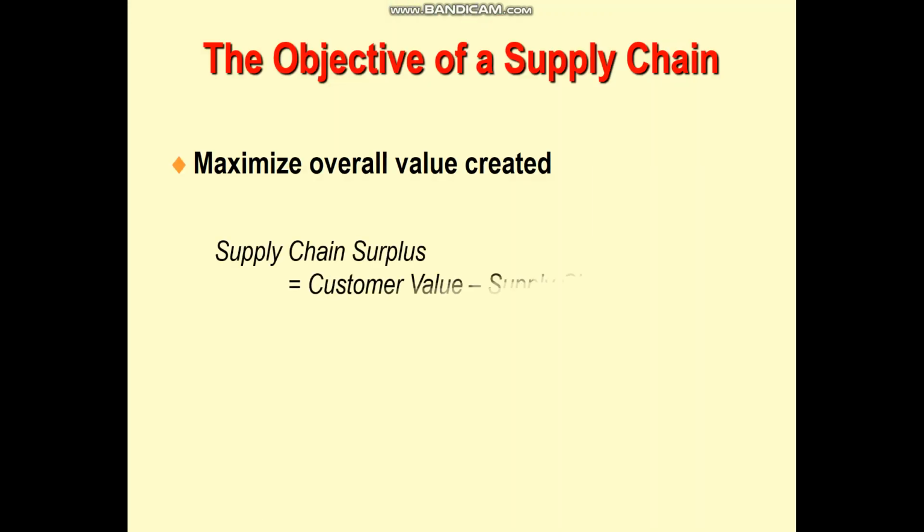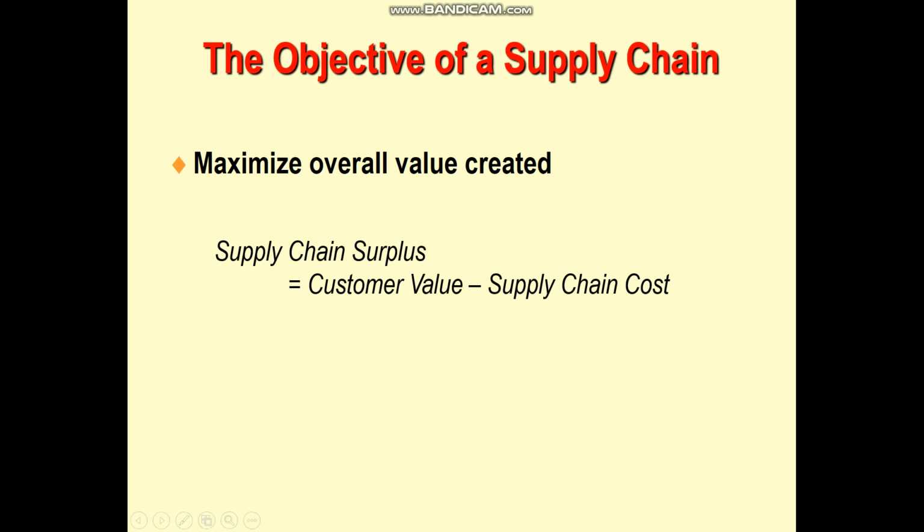Okay, so what is the objective of supply chain? Earlier we said the objective of supply chain management is to minimize the total cost while we try to satisfy the customer service, right?